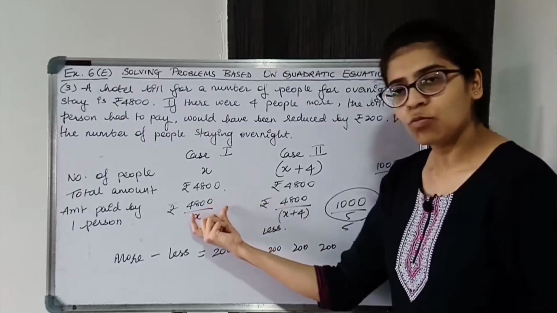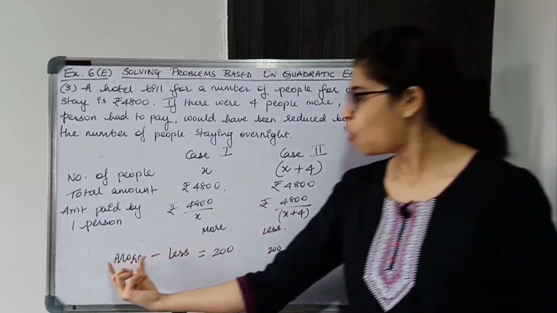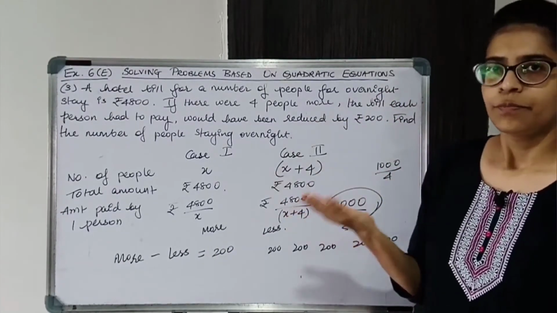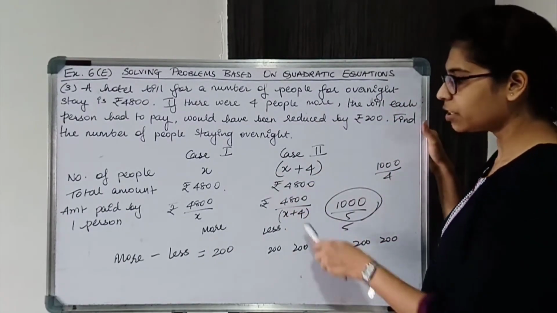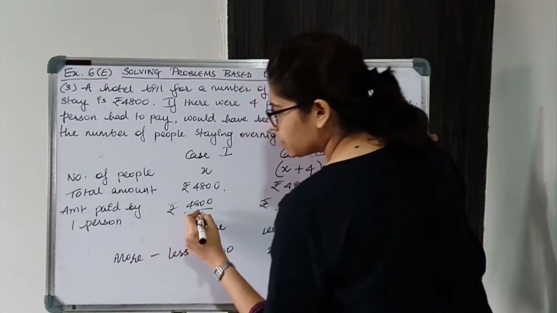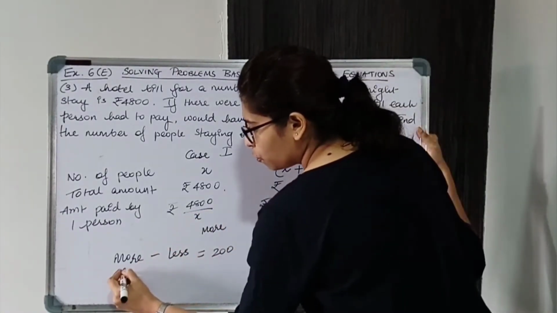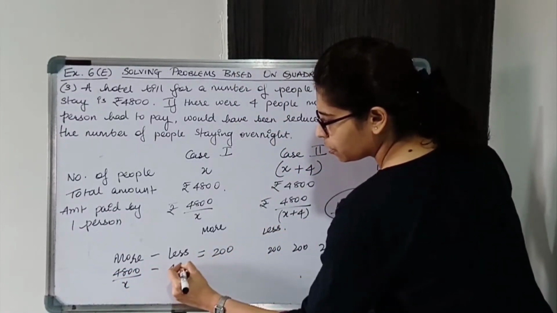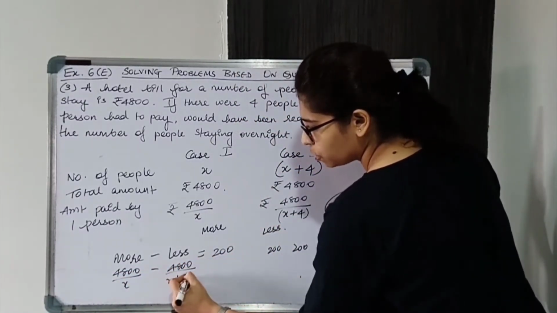So amount paid is more over here, amount paid is less over here. More minus less, how much is the difference? It is 200. ठीक है. So here people are paying 200 less. So basically this will give you 4800 upon x minus 4800 upon x plus 4.